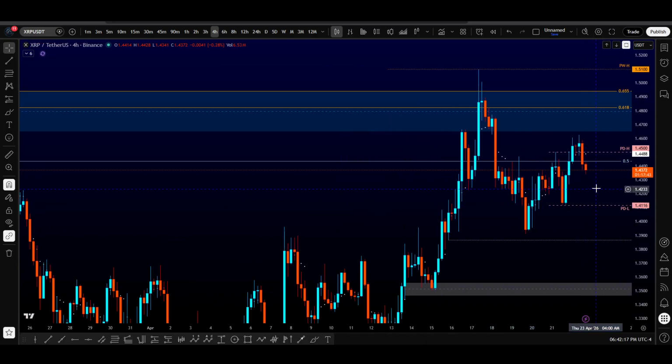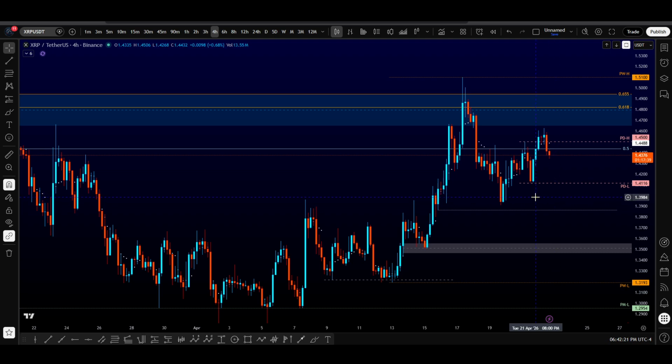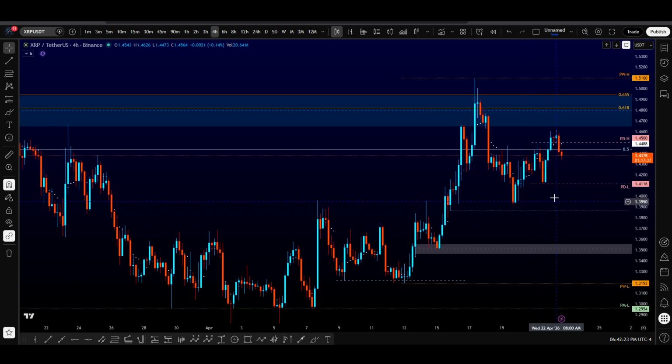So going off what I'm seeing here, if we're just zooming into the 4-hour chart here, which is one of my favorite charts to stay on, we can see that XRP took out yesterday's high, right? Failed to stay above, so that's a confirmed failed auction. Closed a 4-hour candle back inside. And the next area to target would for sure be yesterday's low, which comes in at $1.41.